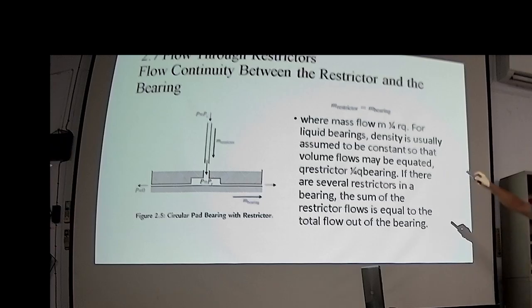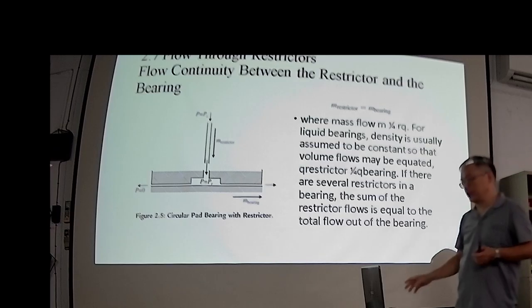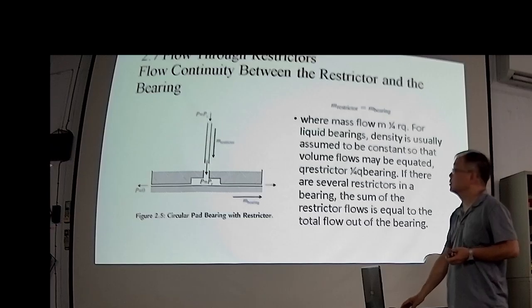It is actually the mass flow rate, M dot. Flow in equals flow out. By using this, you can calculate the recess pressure.